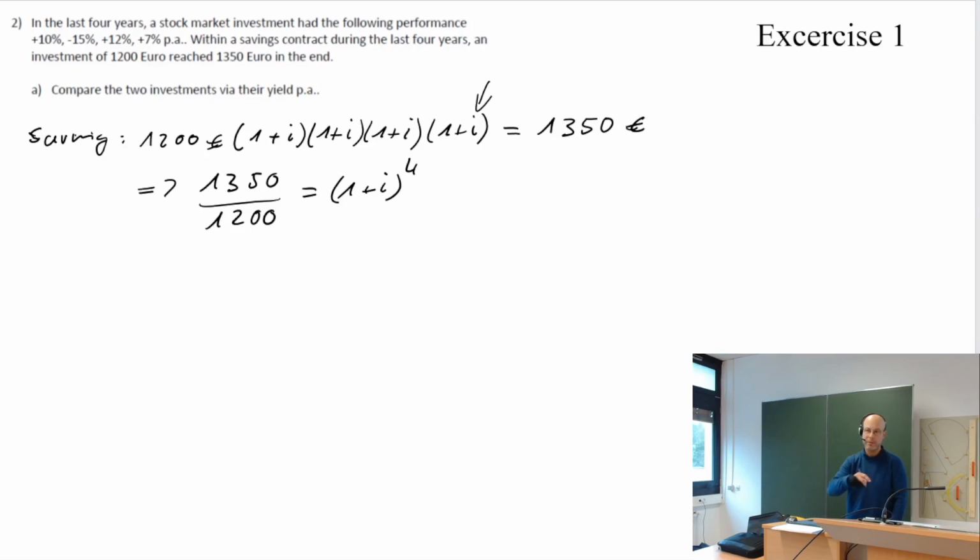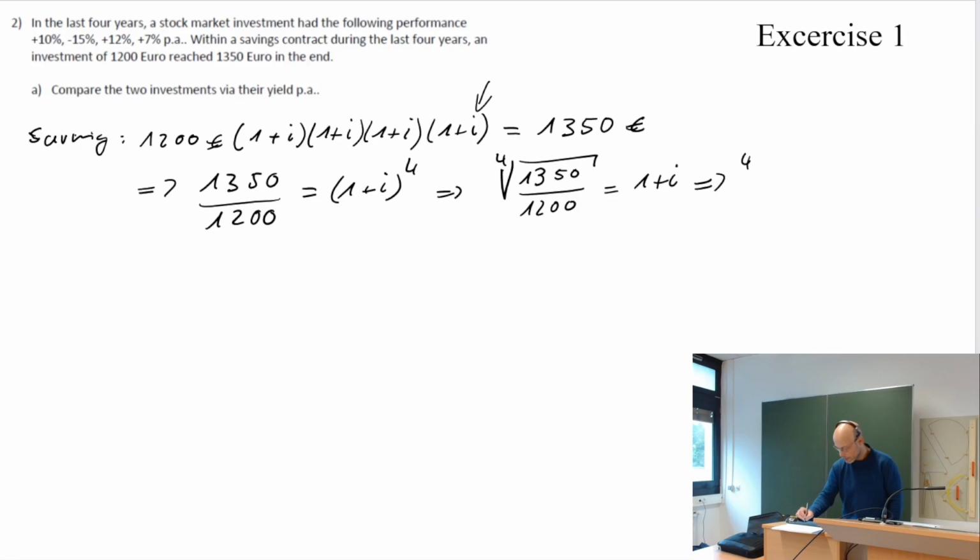And in order to obtain the interest rate, we take the fourth root of 1,350 over 1,200, which equals 1 plus i, so the fourth root of 1,350 over 1,200 minus 1 equals i.